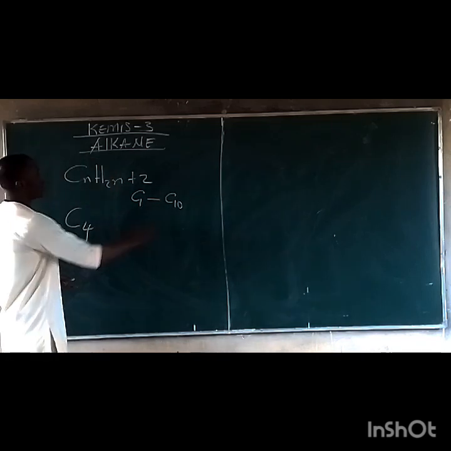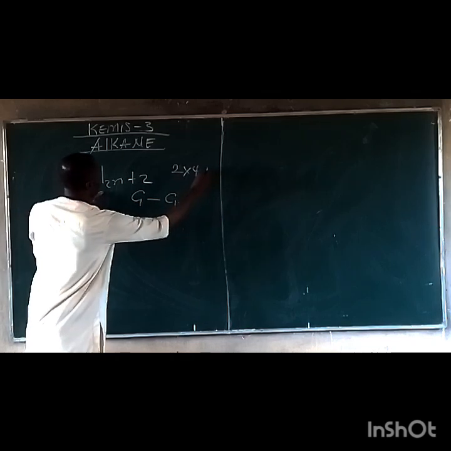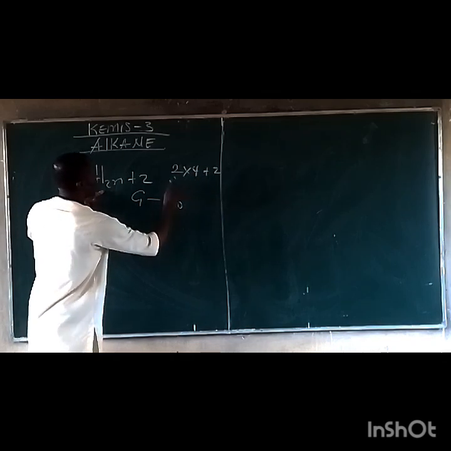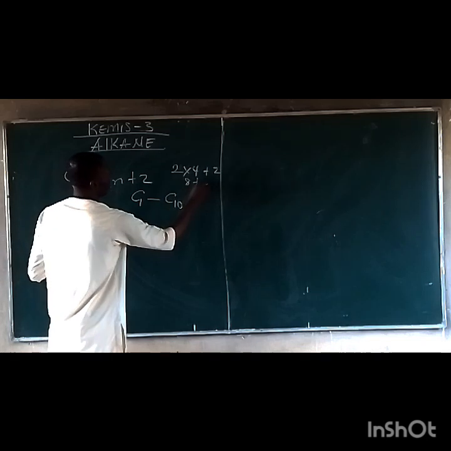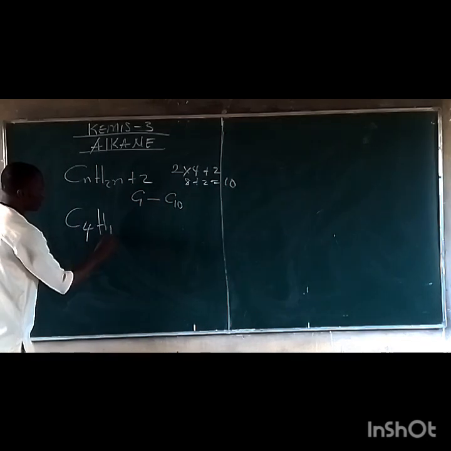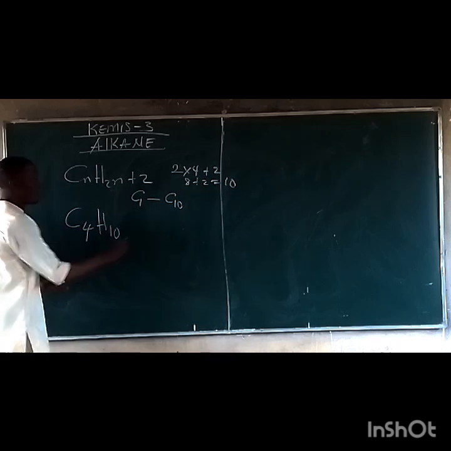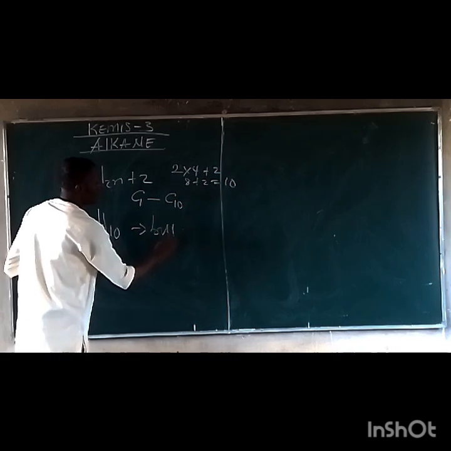So I'm going to have 2 times 4, which is 8, plus 2, that is going to give me 10. So H will be equal to 10. Now, this carbon 4 is called butane.